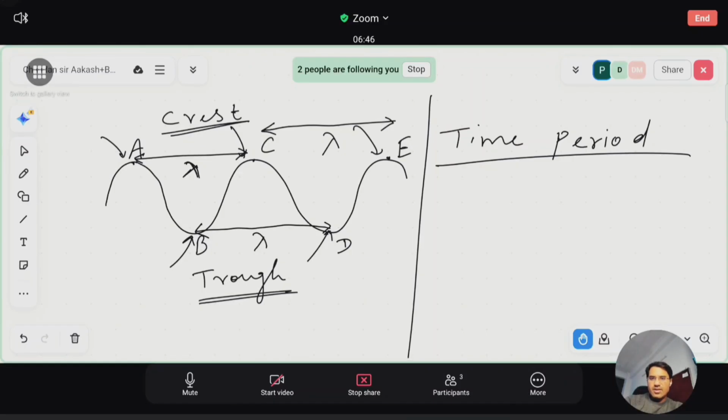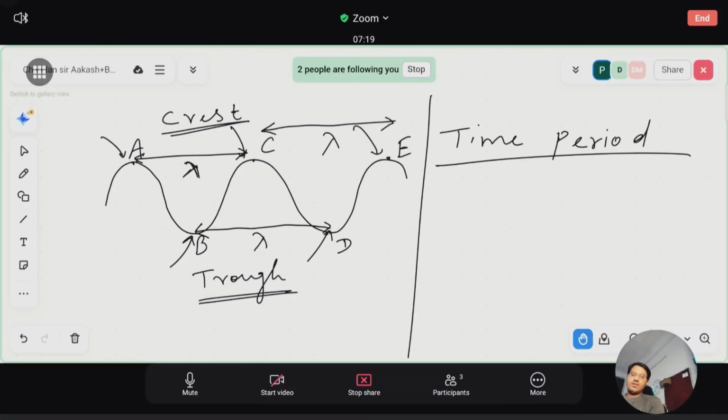Deepak has just told that the time period is the total time taken for a source to generate one complete wave. In other words, the time period is the time taken by the wave to travel a distance equal to its wavelength. That is called time period.